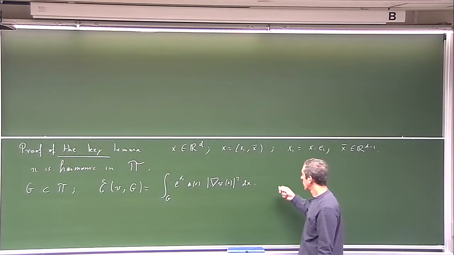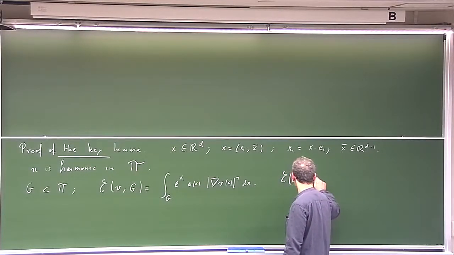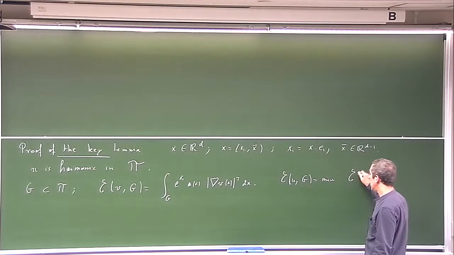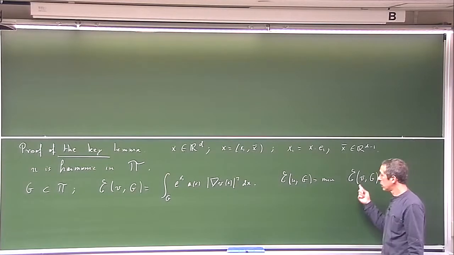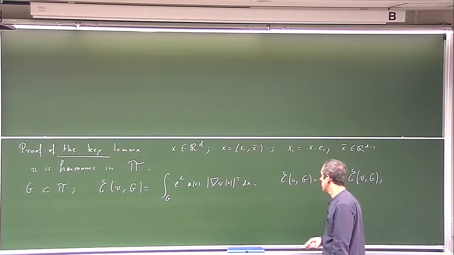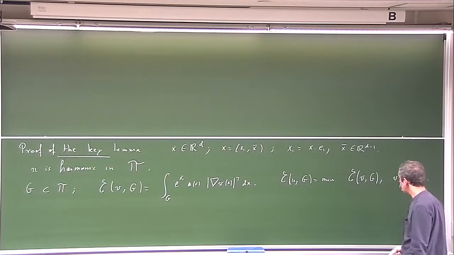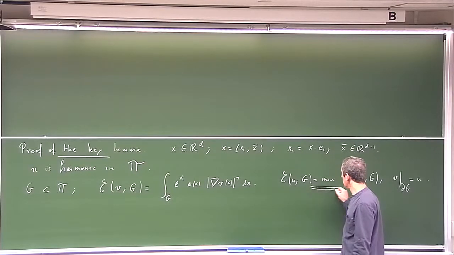So from the fact that U is harmonic, we then get that this energy of U on G is the minimum of all energies of V's on G, where V is any function which agrees with U on the boundary. So V on the boundary of G should coincide with U. And the whole proof is based on that.